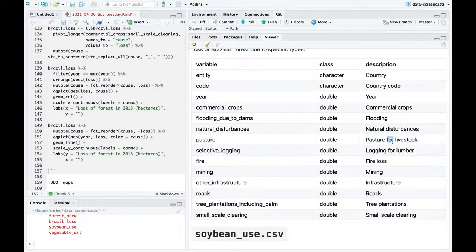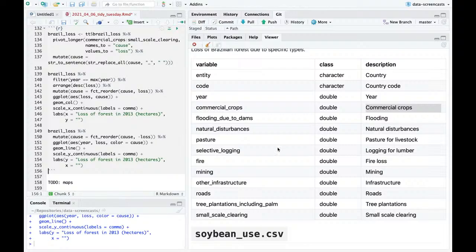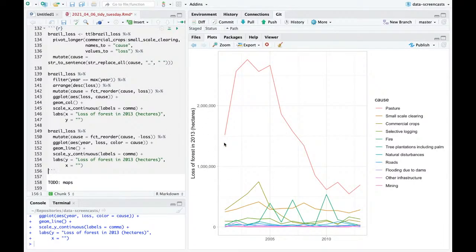Oh, pasture for livestock. Okay, right, like cows and goats and whatever, as opposed to commercial crops, actual growing. That's interesting. I wouldn't have expected pasture to be a much larger cause of deforestation. But it also looks like pasture and commercial crops are the 2 areas where Brazil has much less deforestation going on now.